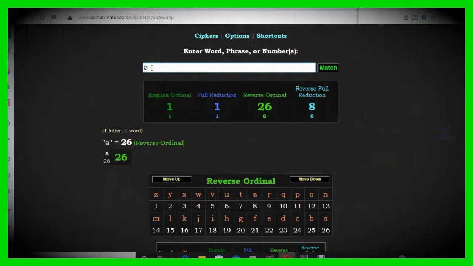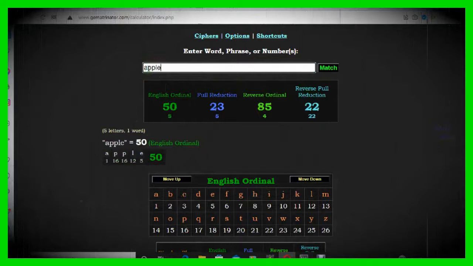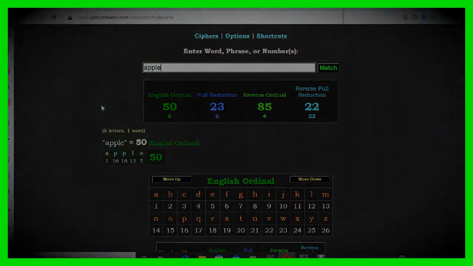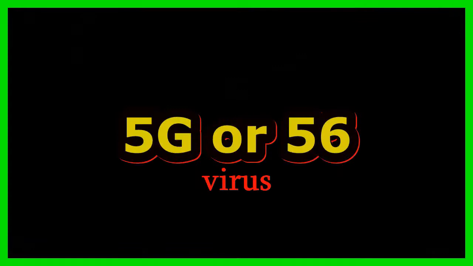These ciphers are all the sum of A. So if I wrote a word in here like apple, these are the ciphers for apple. Now understand there's more ciphers, but since we are going to be speaking in English, we're using the English cipher.